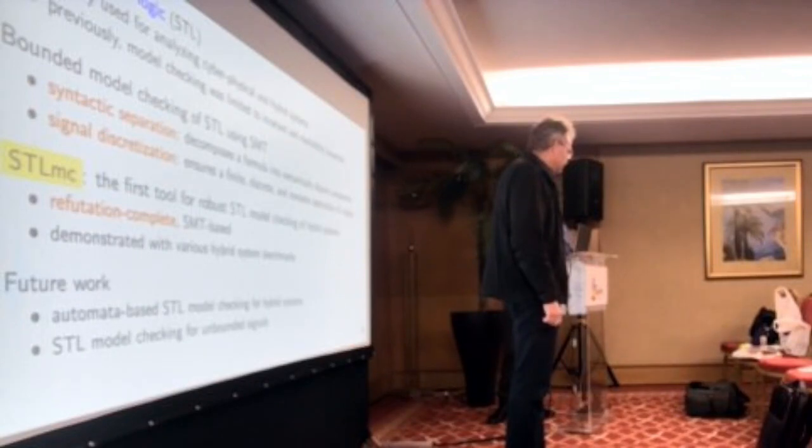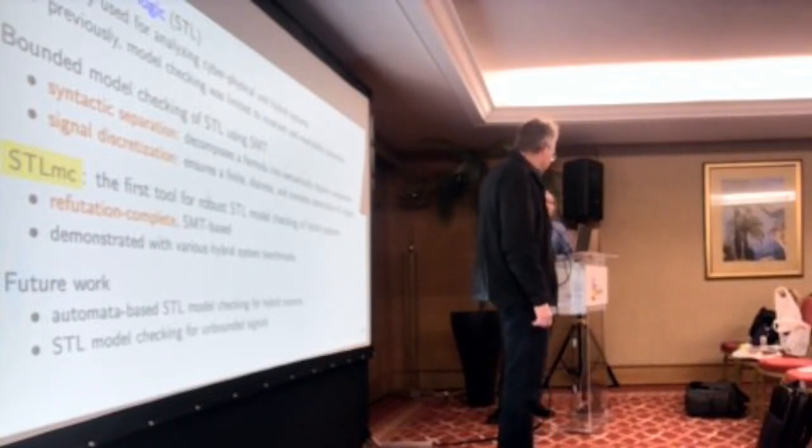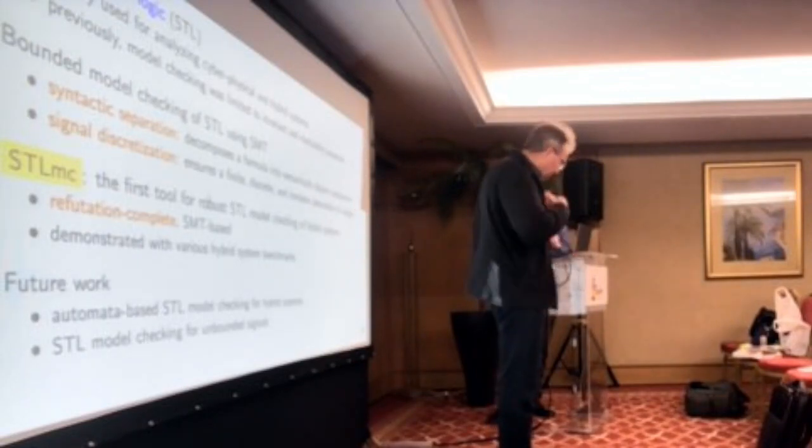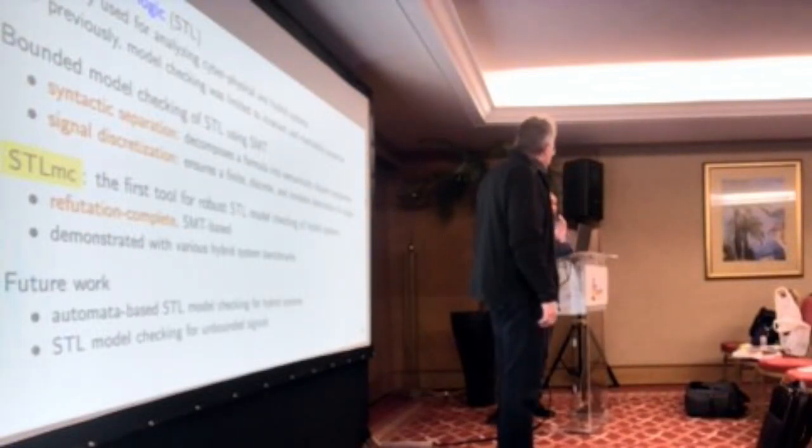if the number of jumps increases, like more than 100, even for a very simple system it's not feasible. Therefore, people typically focus on bounded analysis. Although there's unbounded analysis, it requires some manual intervention and is limited to very limited dynamics.